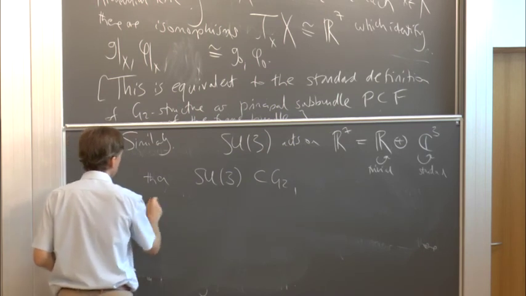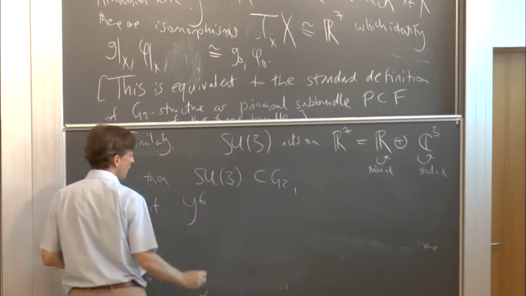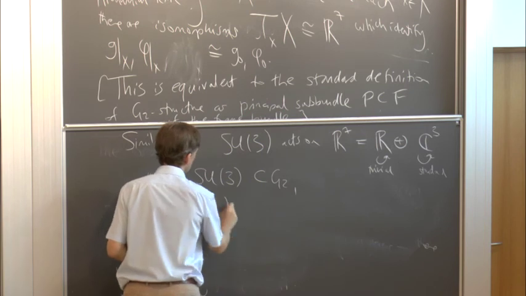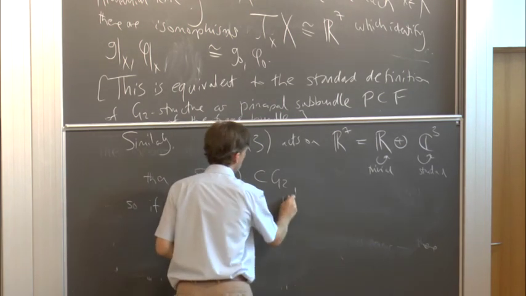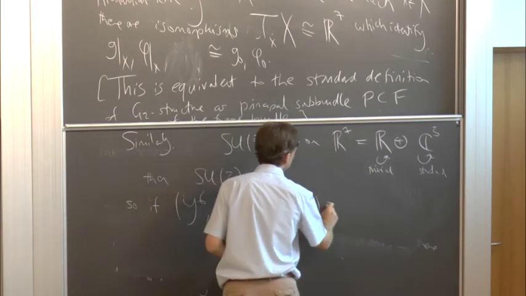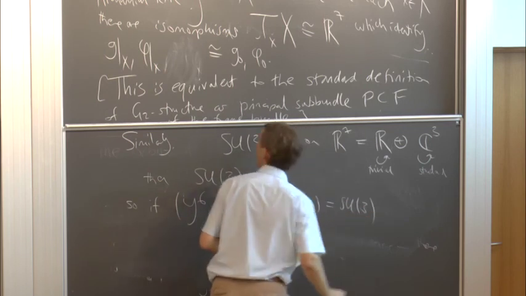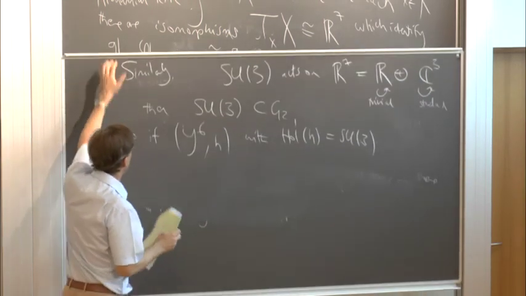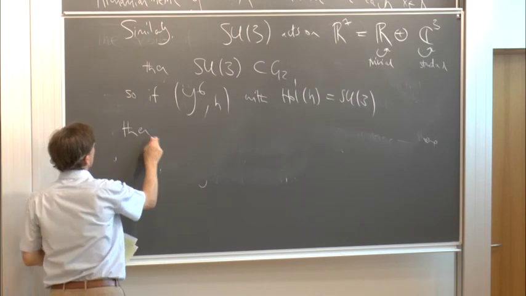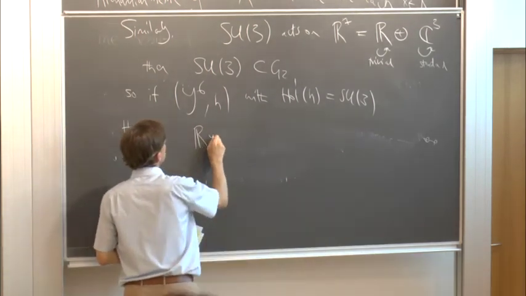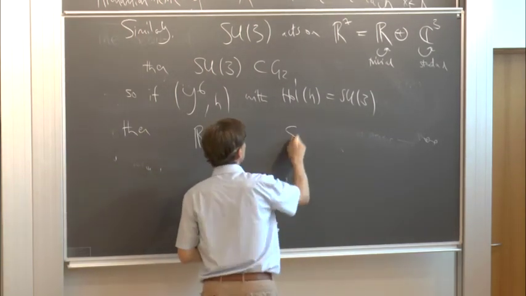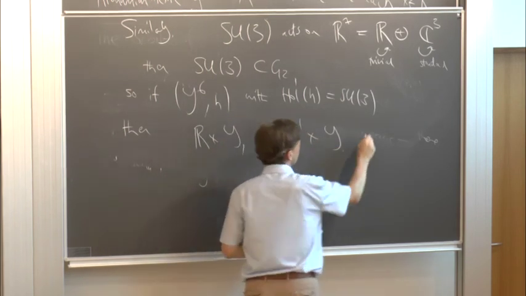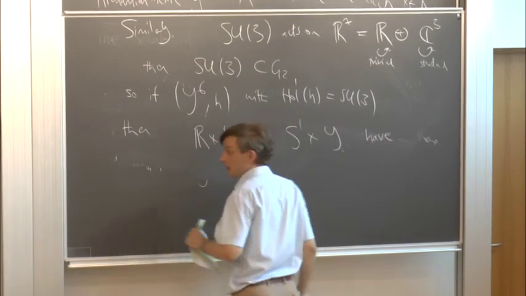So if you have a 6-manifold Y with a metric h with holonomy group SU3, then R cross Y and also the circle S^1 cross Y have torsion-free G2 structures.